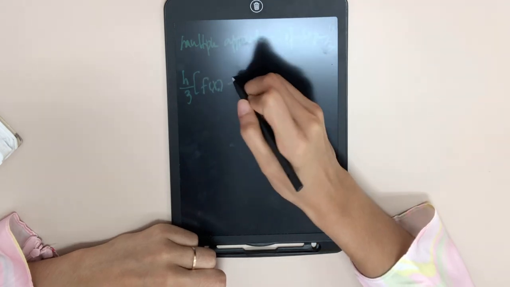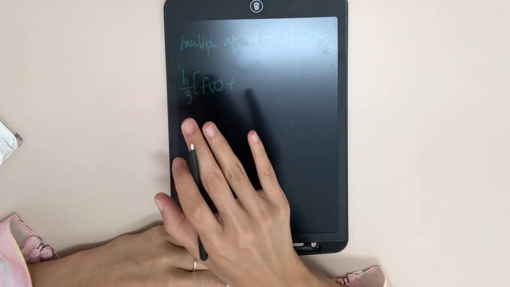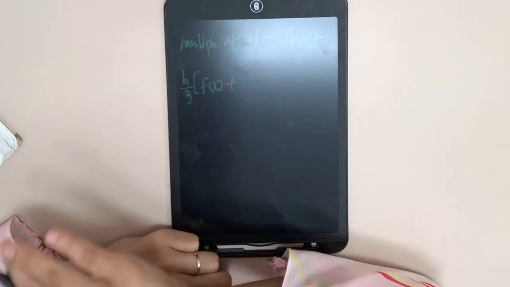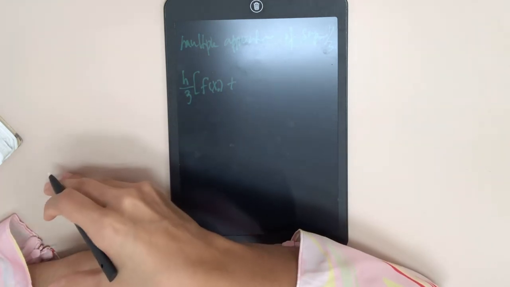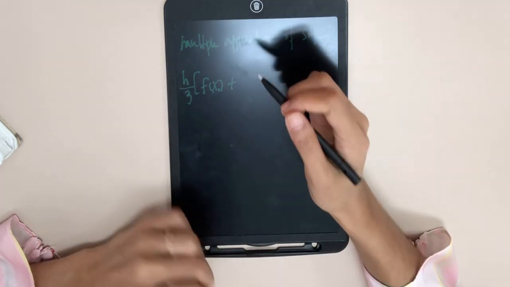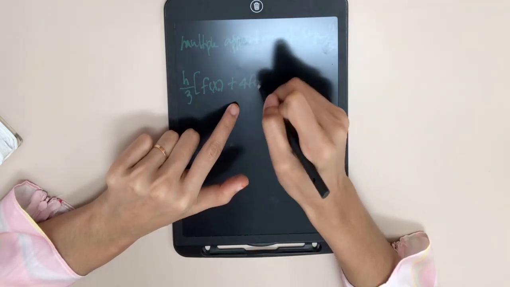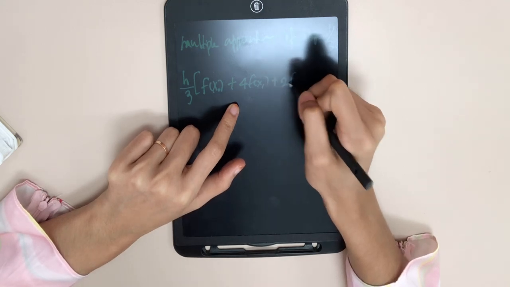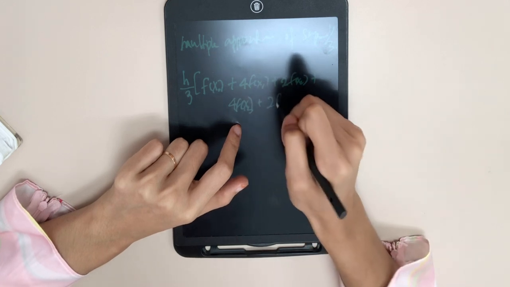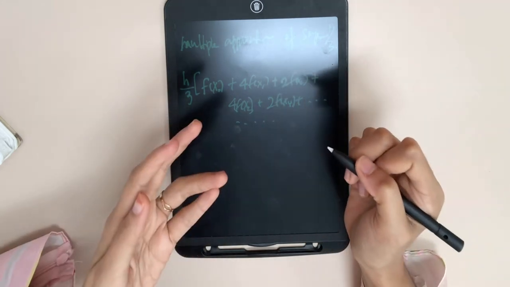f(x0) plus, okay, for this one it doesn't fix. Just now, Simpson's 1/3 is already fixed. But for the formula of the multiple application of Simpson's, it doesn't fix. So in the middle, you have 4f(x1) plus 2f(x2) plus 4f(x3) plus 2f(x4) plus and so on, depending on how many data you have.